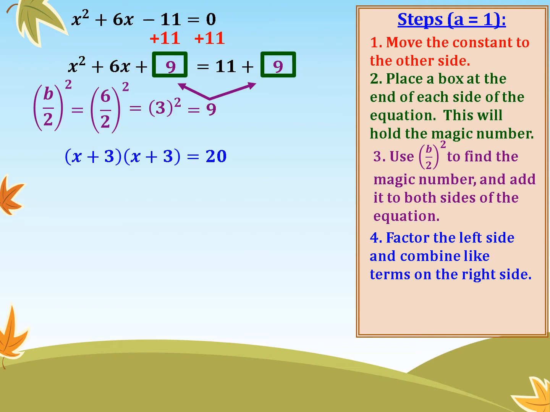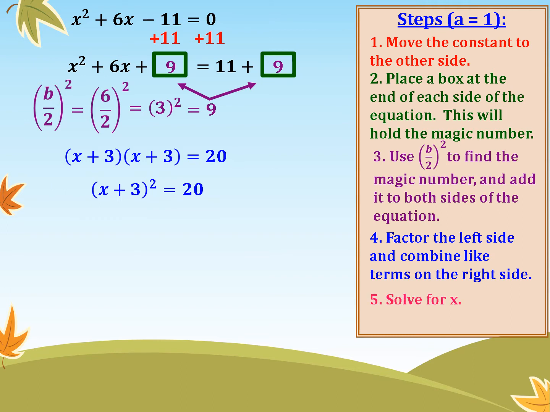Now, when you're completing the square and you see a parentheses times itself, you want to turn it into that parentheses squared. So we're going to turn x plus 3 times x plus 3 into x plus 3 squared. Now that we've got x plus 3 squared equals 20, we simply solve for x.